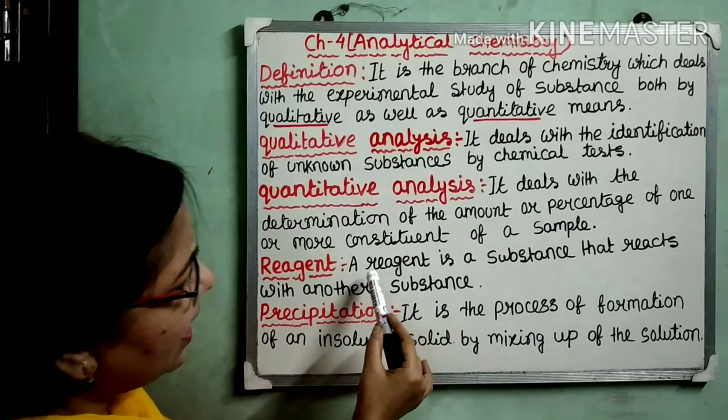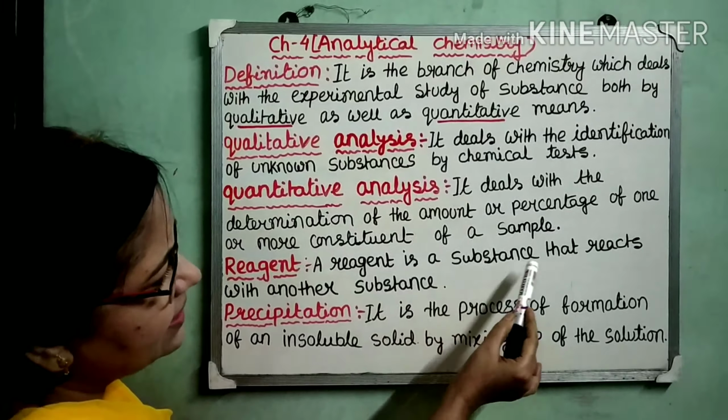What is a reagent? A reagent is a substance that reacts with another substance. In the chemistry laboratory, alkalis are the most important reagents. When alkalis are added to a salt solution, a colored precipitate of metallic hydroxide is formed.